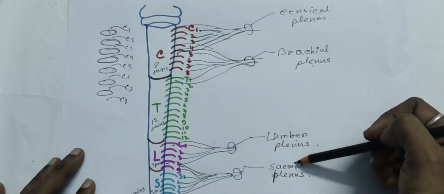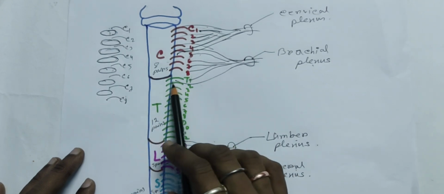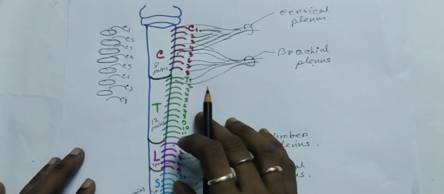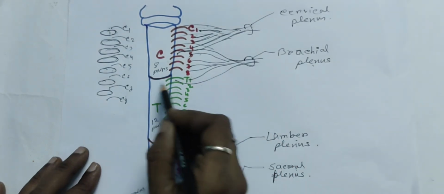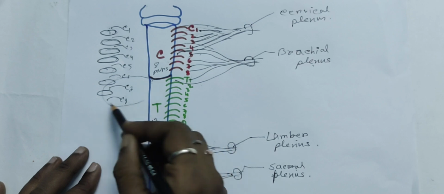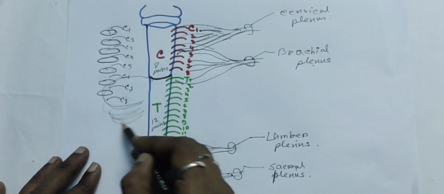Now you must have a question, ma'am, where is the thoracic plexus? Because there are also 12 pairs of nerves. What happens here is that the nerves emerge from the back and join to the ribs.